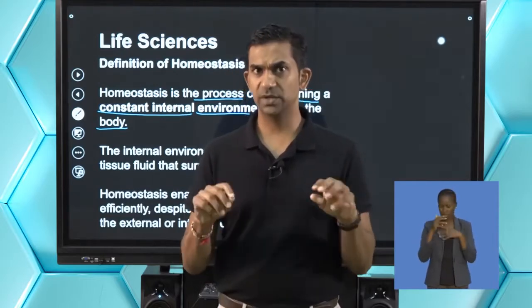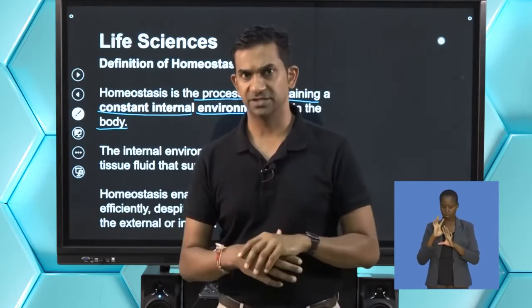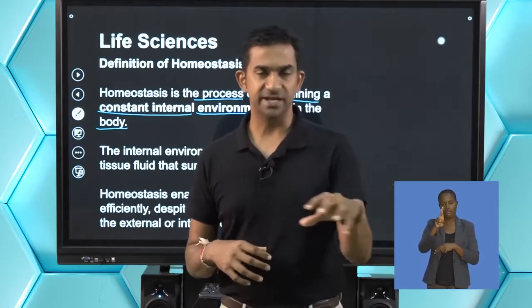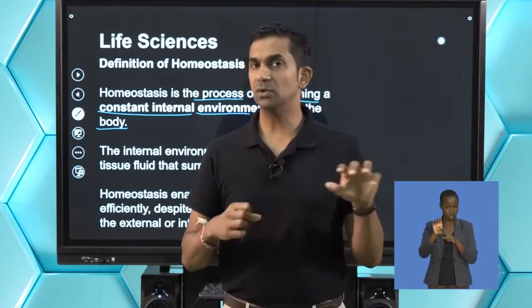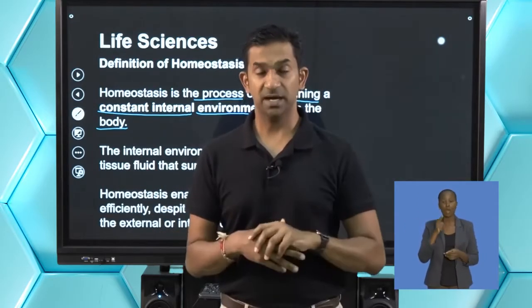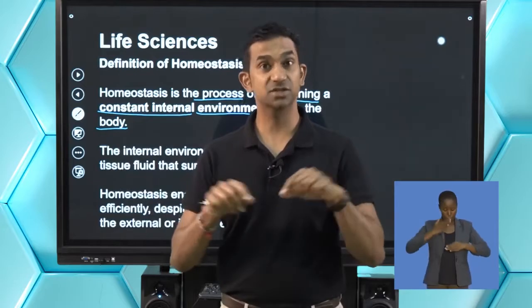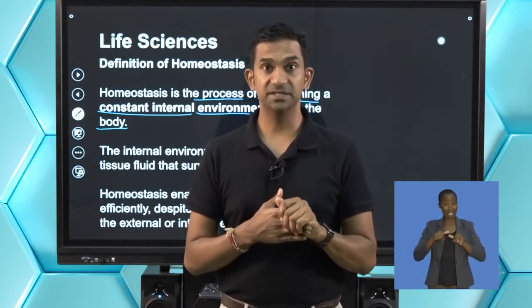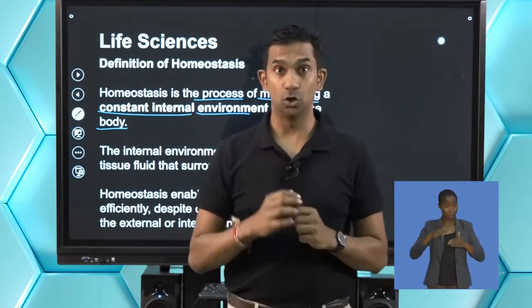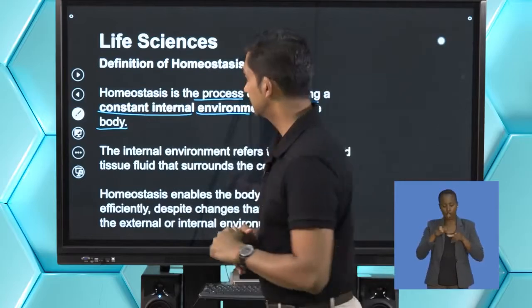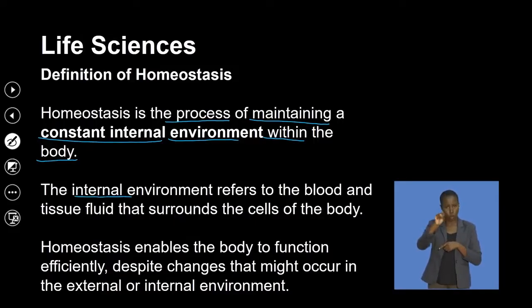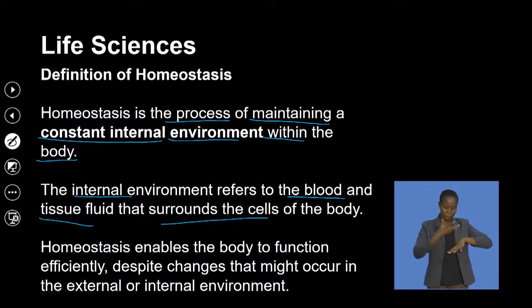They always fluctuate within what we call a normal range. And that's the constant range that we refer to. So all the mechanisms that are responsible for maintaining this constant internal environment is essentially maintaining homeostasis. So the internal environment refers to the blood and the tissue fluid that surrounds the cells of the body.